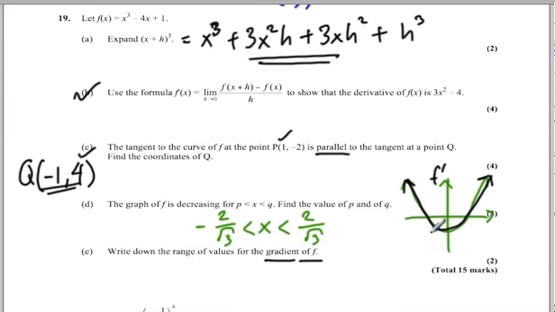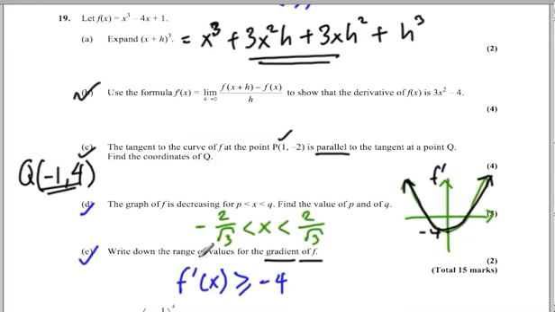This is at negative 4, so the range of values is everything above negative 4. So the gradient of f, in other words f prime of x, is greater than or equal to negative 4. The lowest it can be is negative 4, and it can only go up from there. So that's the solution for part e.